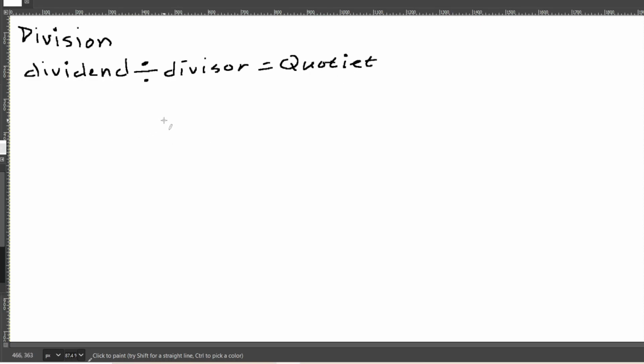So if they ever ask you for the quotient of something, the dividend divided by the divisor equals the quotient. So if they ask you for the quotient, they are asking you to divide these two numbers, right?